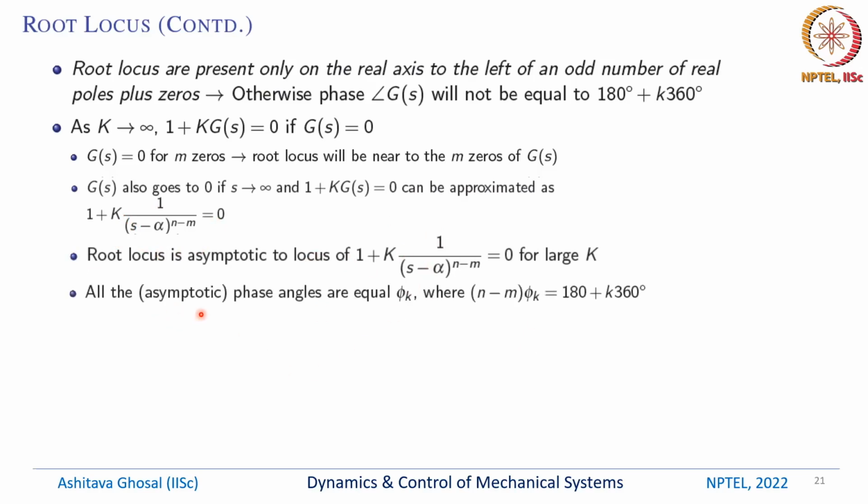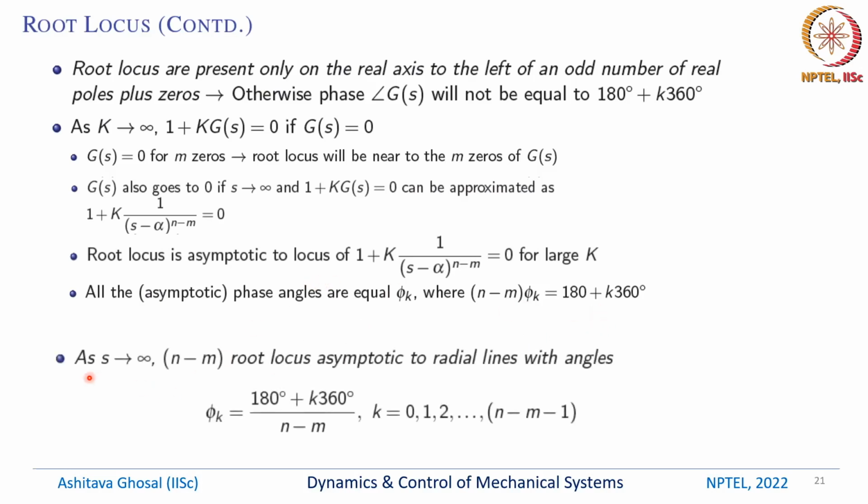And all the asymptotic phase angles are equal to phi k, where n minus m into phi k is 180 plus k into 360 degrees. Remember the angle is 180 degrees plus k into 360 degrees, and for these asymptotes, when s tends to infinity, the phase angles are all given by this relationship.